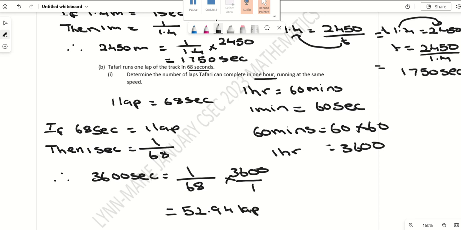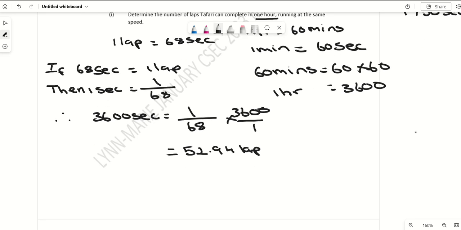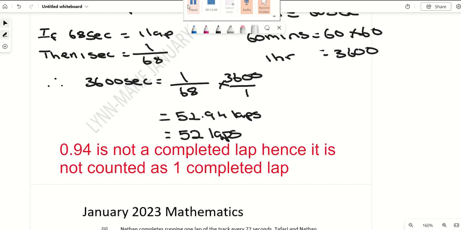Now, obviously, there's no such thing as 0.94 laps. So when they ask you for the number of laps, we do not approximate this because we cannot say that 0.94 is 1 lap. Because 0.94 laps does not exist, we just say they completed 52 laps in 3,600 seconds. And that is how you would do this question.